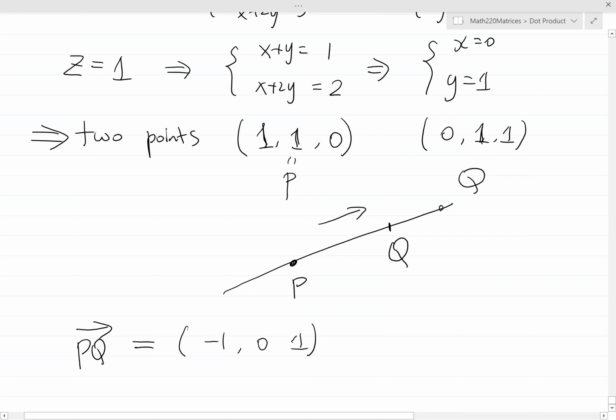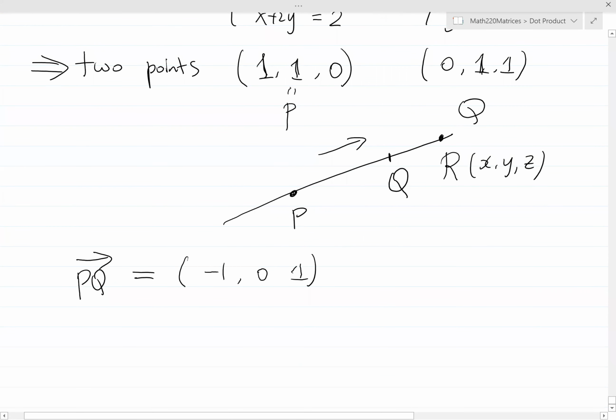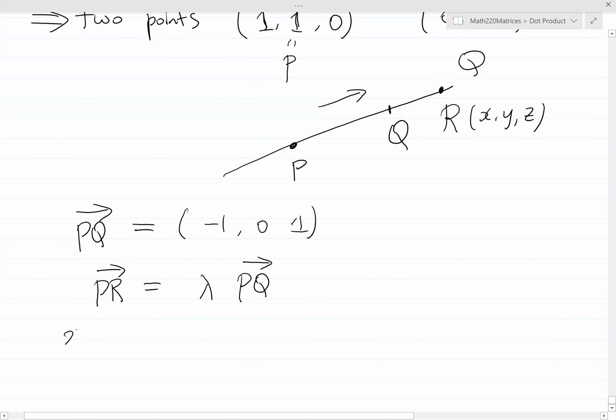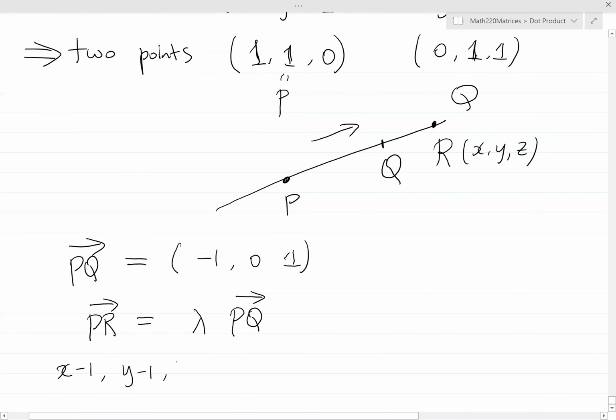Now suppose any point on the line is R, (X, Y, Z). Then PR should be lambda PQ, in the same direction as PQ. So it's (X minus 1, Y minus 1, Z), which is lambda times (-1, 0, 1).